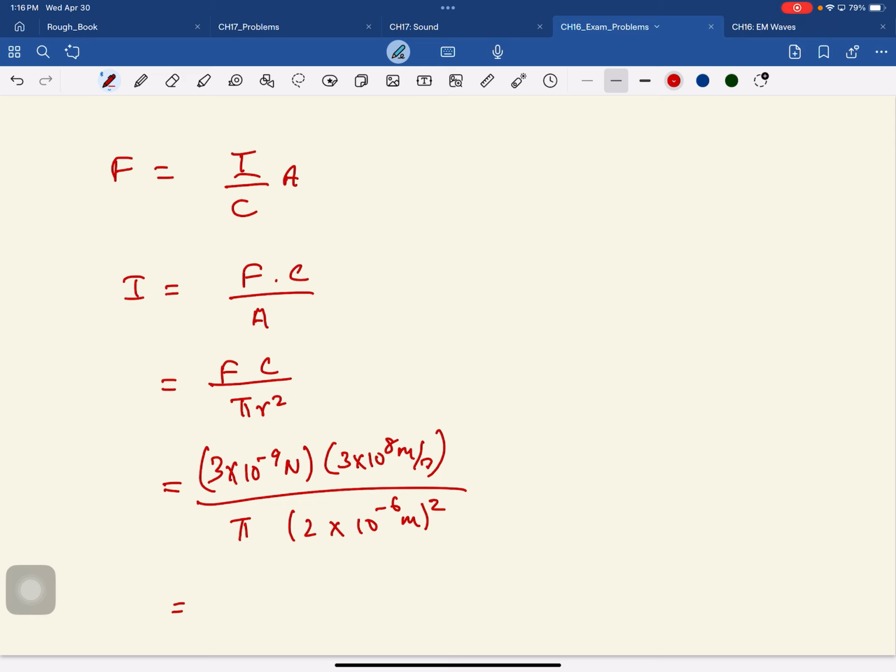So there is the intensity, and that works out in watts per meter squared. All right, this is 10 to the minus 12. That becomes 10 to the 11.